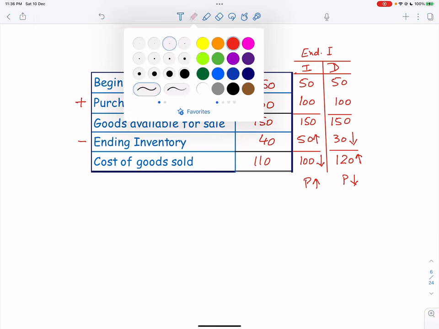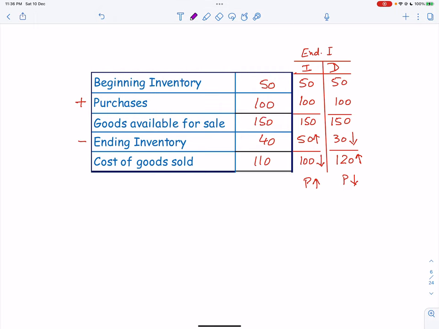Let us look into the relationship between the beginning inventory, purchase, cost of goods sold, and profit. Just now we have talked about ending inventory, and now we are going to talk about the beginning inventory.